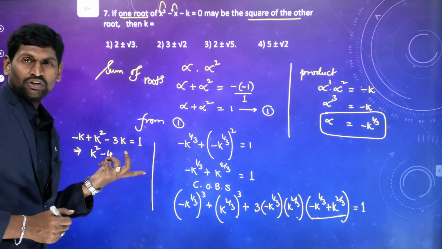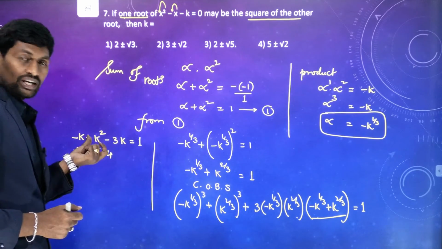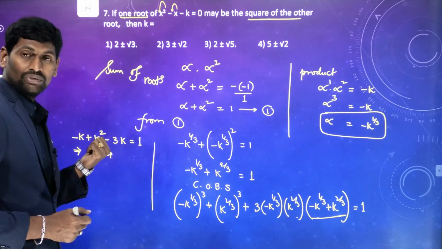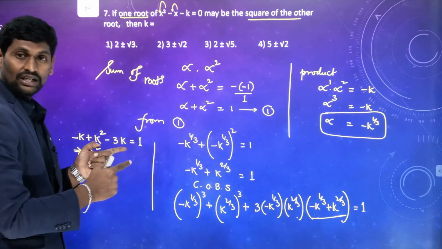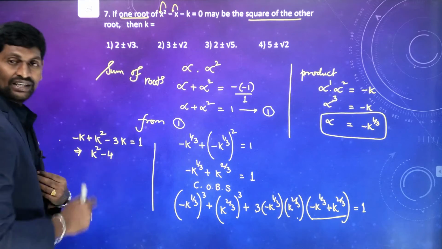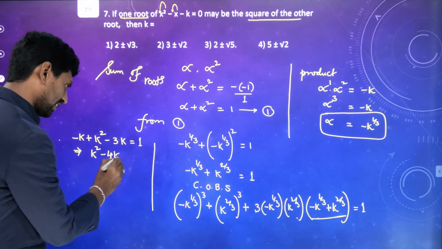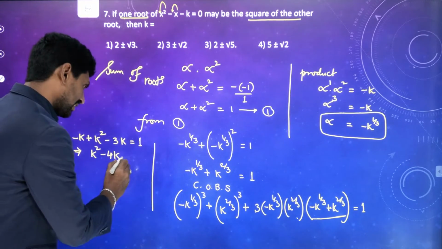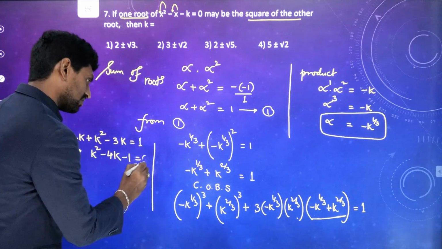So I am writing according to the order: first square number, then k term and constant term. Minus k minus 3k becomes minus 4k, and plus 1 transposed this side becomes minus 1 equal to 0.